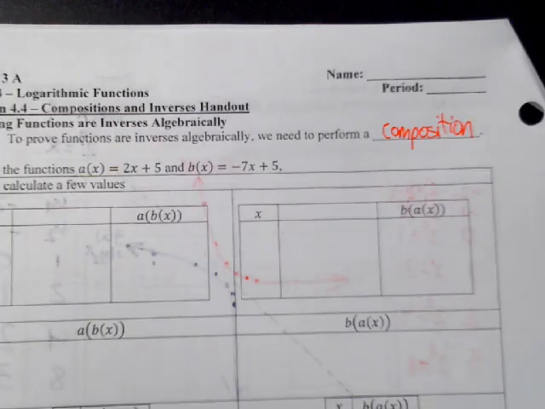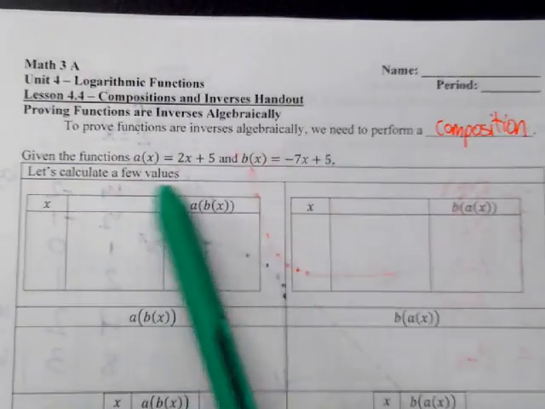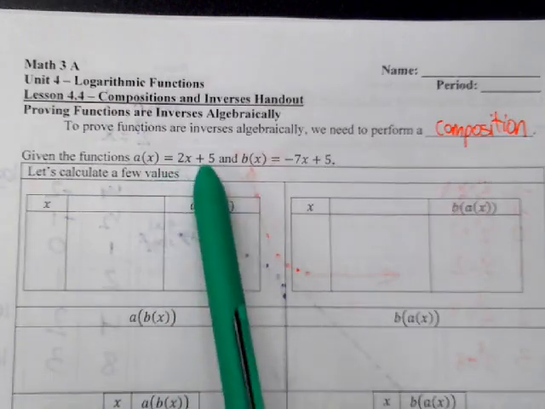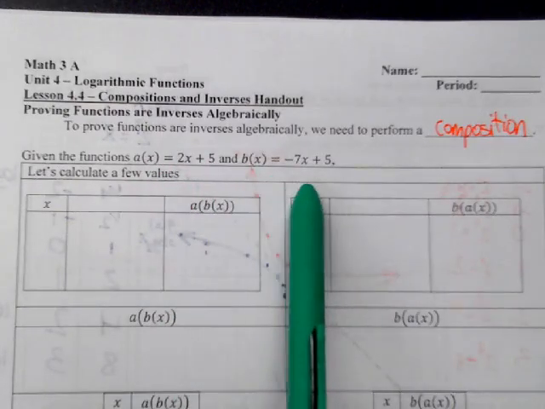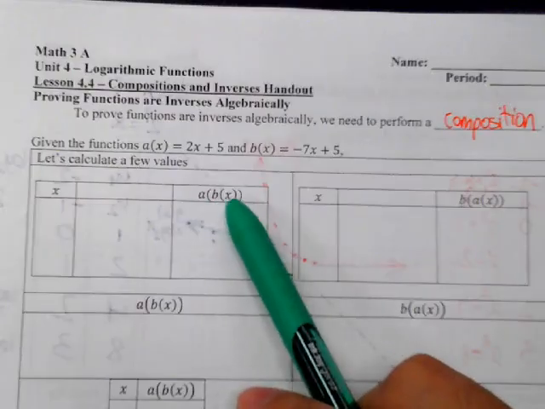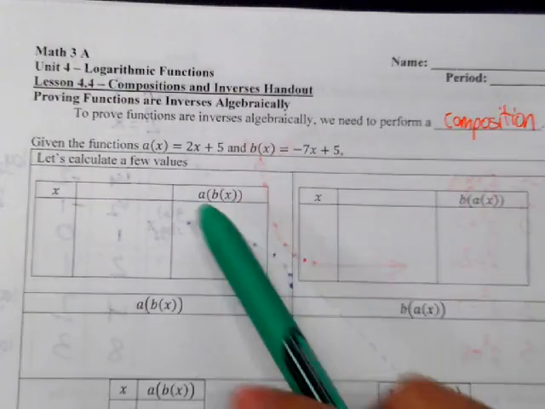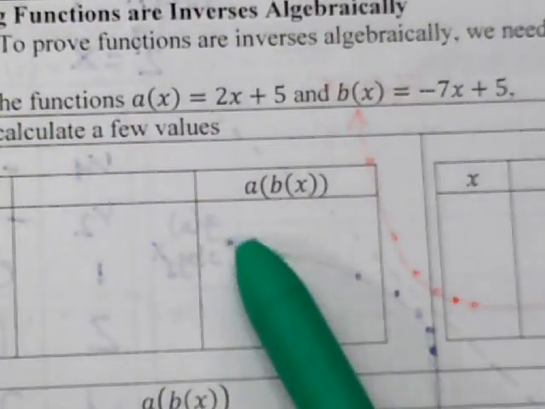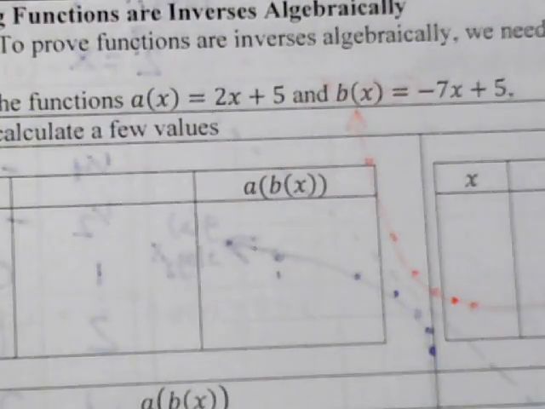Okay, so here's two functions. A of x equals 2x plus 5, and b of x equals negative 7x plus 5. Two brand new functions. Down here, we see sort of a crazy looking thing with a lot of parentheses, right? You would say this out loud as a of b of x.